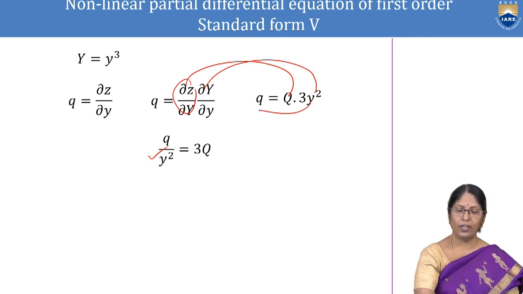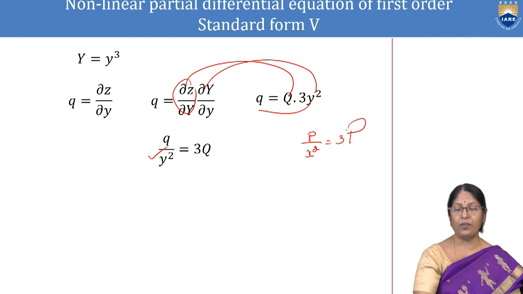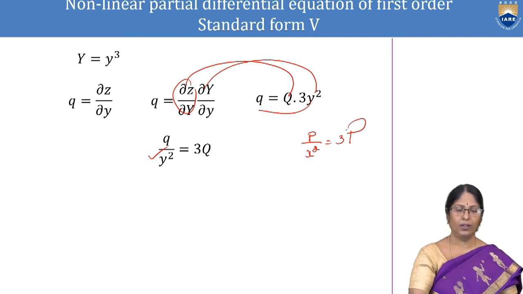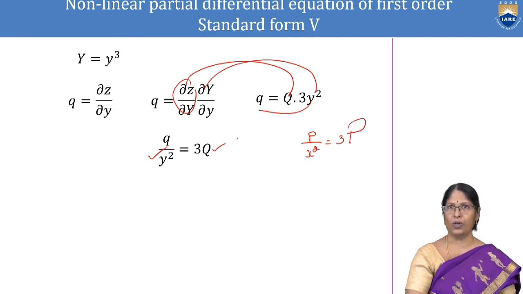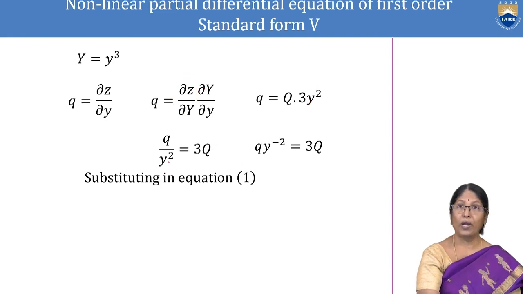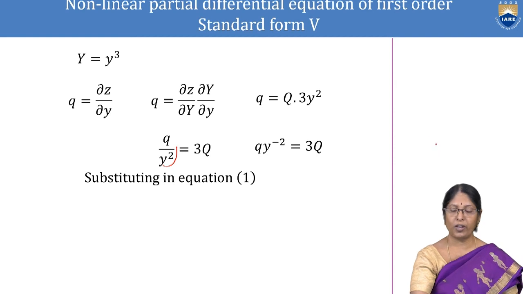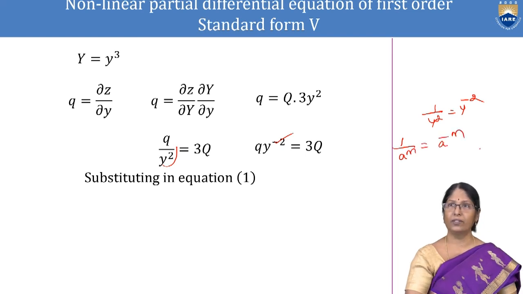Already we got p by x square equals 3 capital P in the previous step. Now we got this one: q by y square equals 3Q. The y square satisfies the exponential law: 1 by y square is written as y power minus 2, because 1 by a power m equals a power minus m.